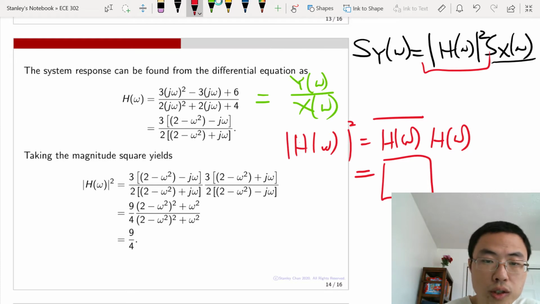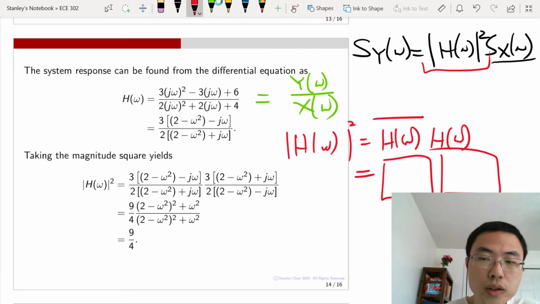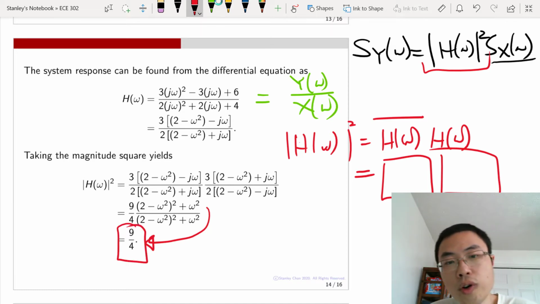If you take the conjugate, all the minus j will become plus j, and the plus j becomes minus j. So you have these two products. When you take these two products, a lot of these terms can be grouped together. And it turns out that finally the magnitude square is a constant with respect to omega, and this is 9/4 just for this particular example.